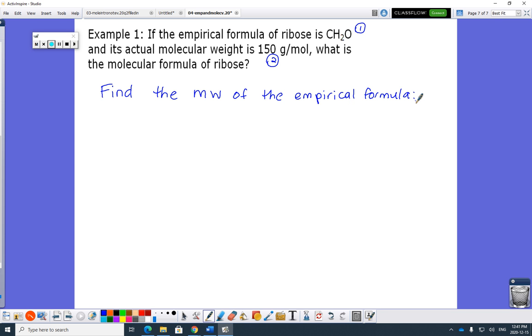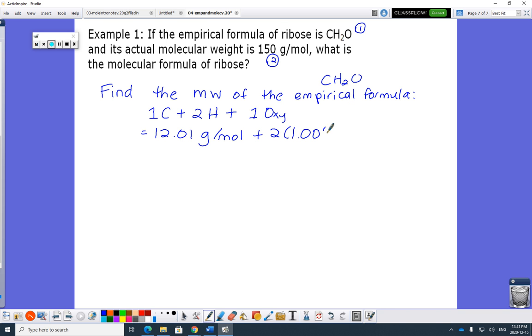So 1 carbon, 2 hydrogens, and 1 oxygen. Show all my work.